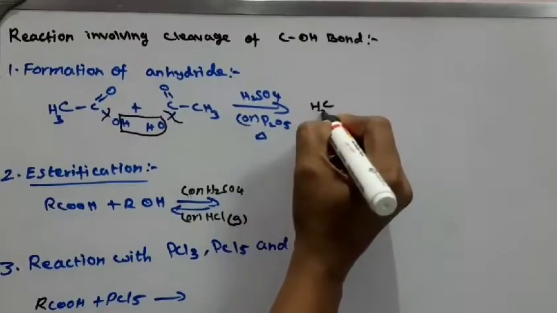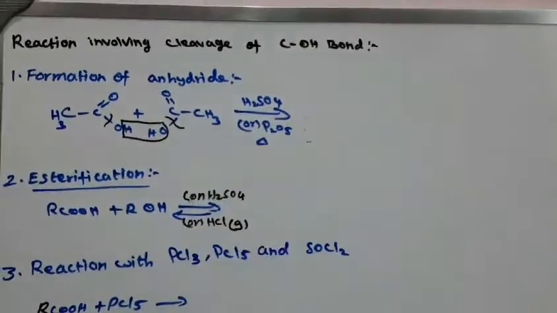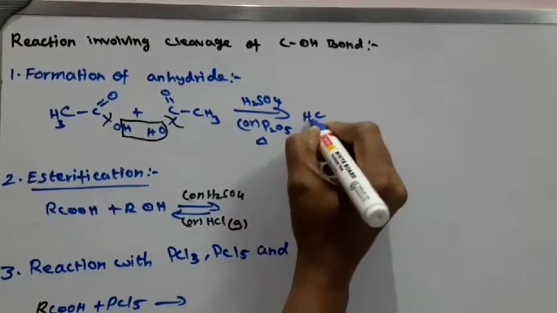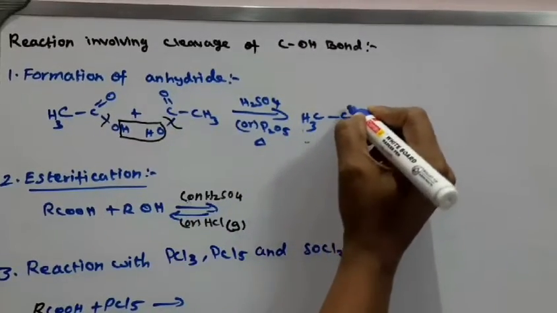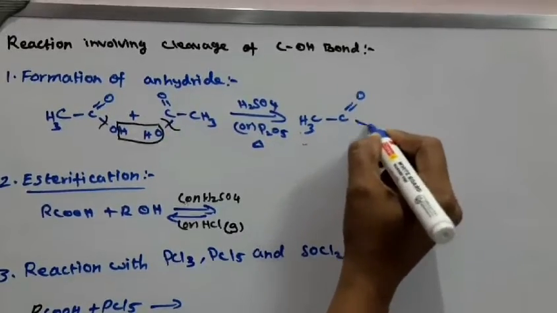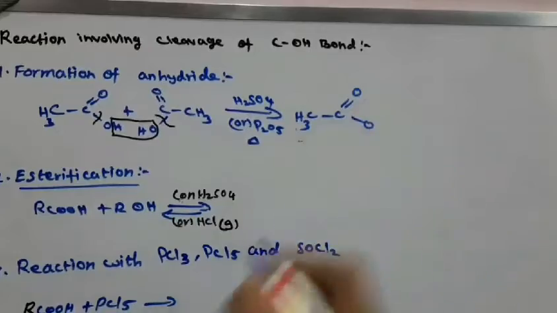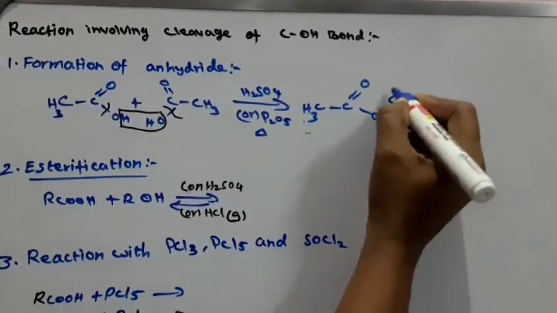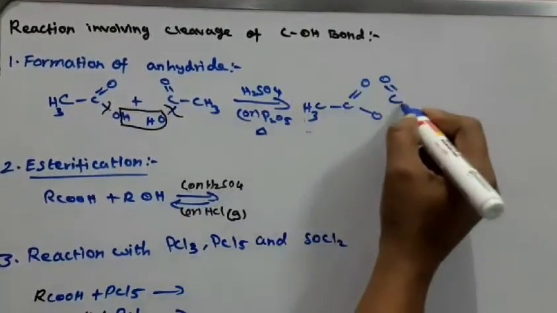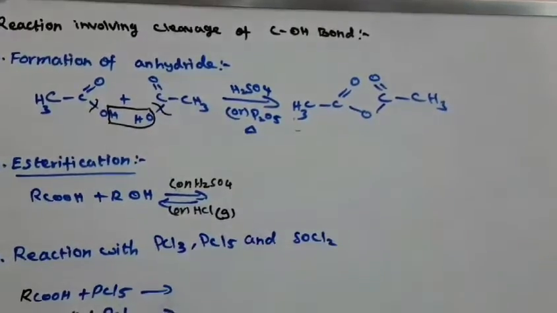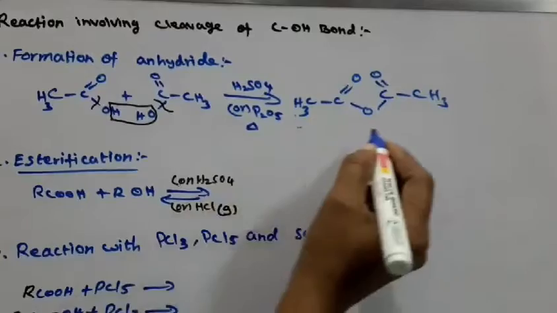CH3, C double bond O, and here double bond O and CH3. So this is ethanoic anhydride.